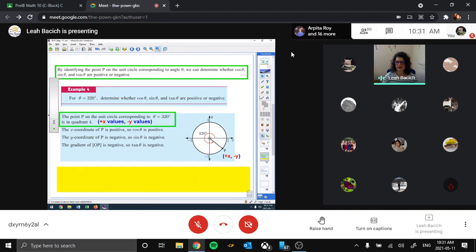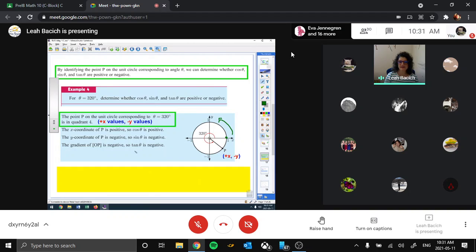To go 320 degrees, I always start right here, and then I always rotate this way. So I go all the way around from here, all the way around to here. So it's in quadrant 4. The x coordinate is positive. The y value is going to be negative.